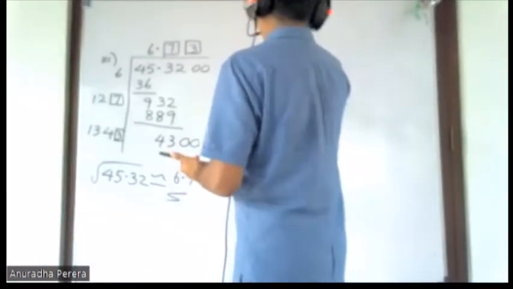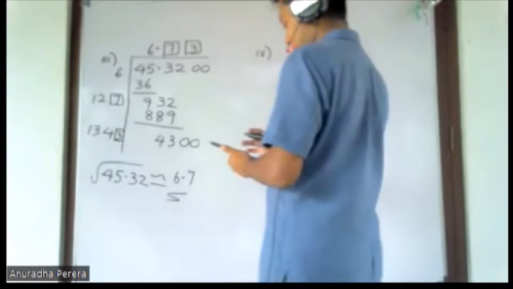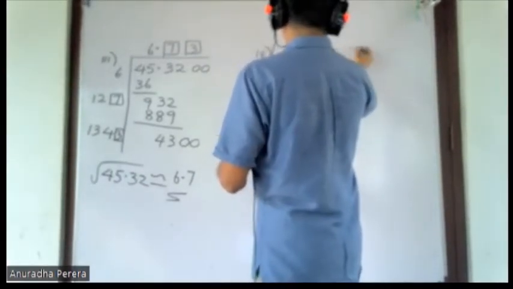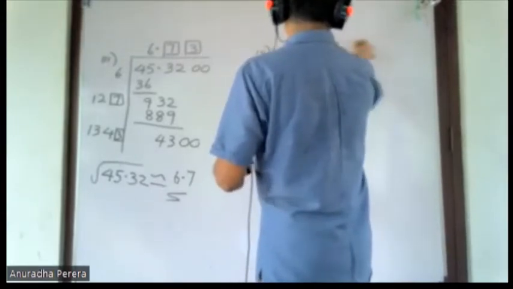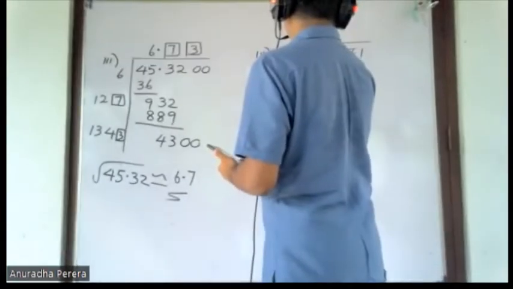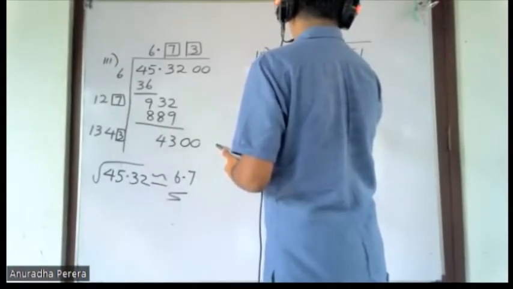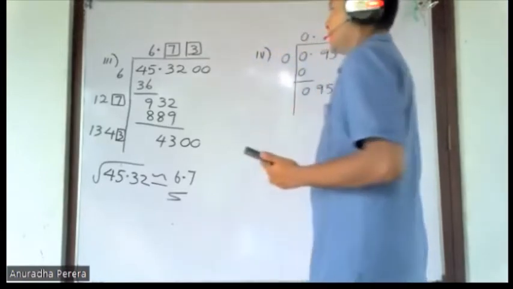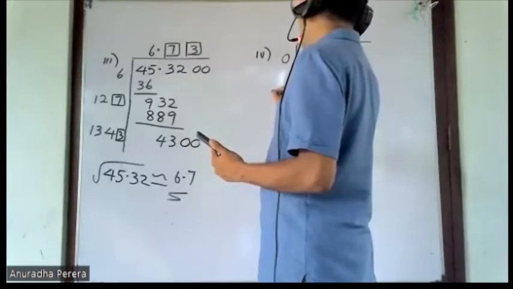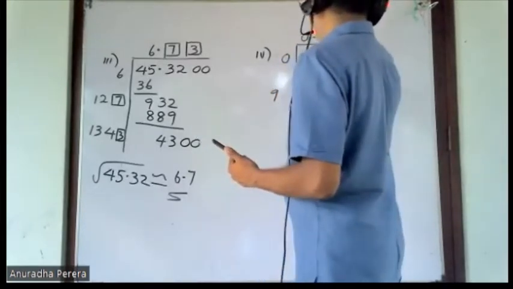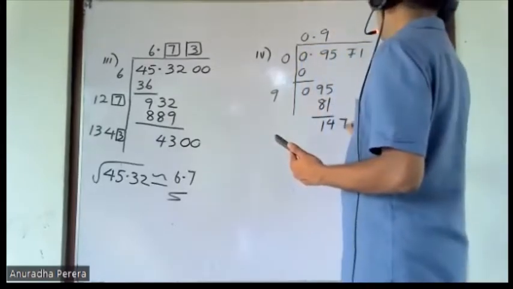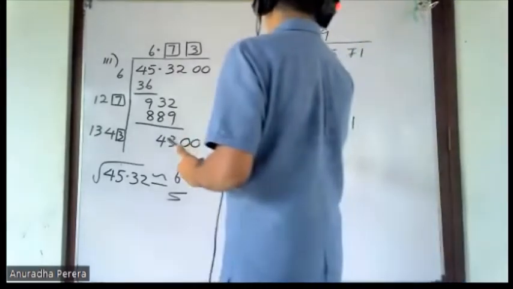Fourth question. 0.9571. 9571. Start from 0. Next pair. Put the decimal point. Complete square less than 95 is 81. Square root is 9. Take next pair. Twice of 9, 18.